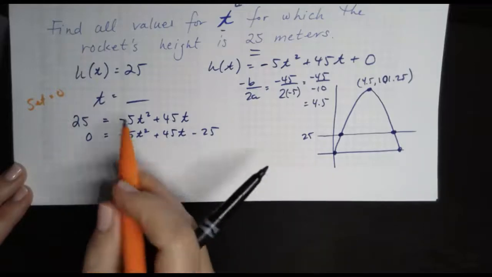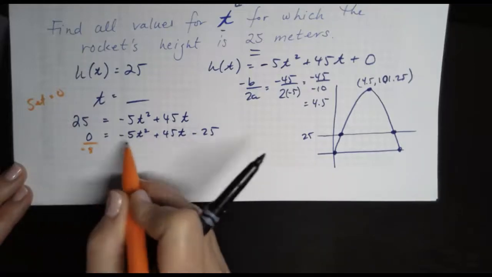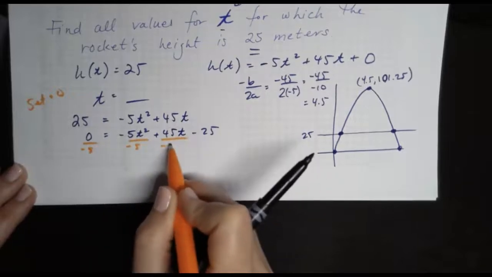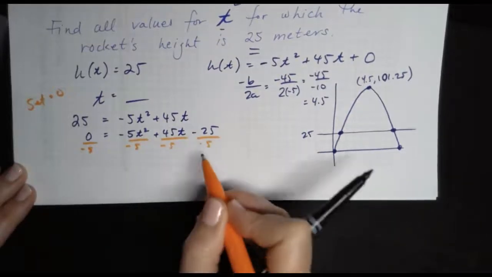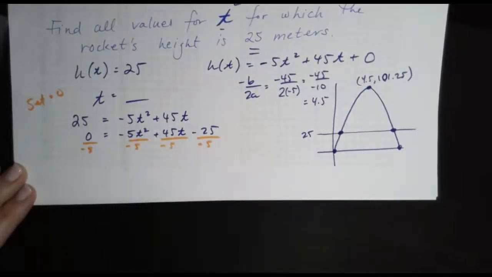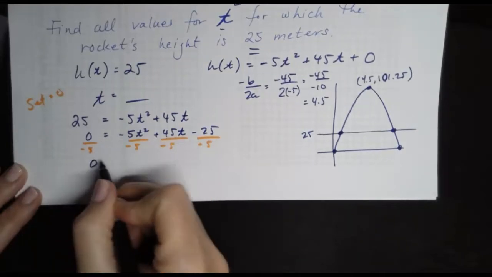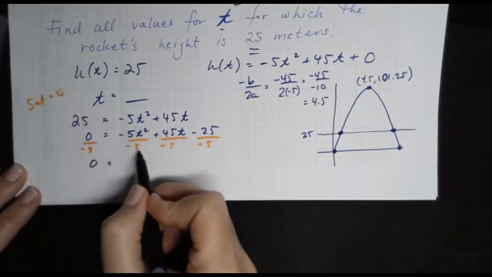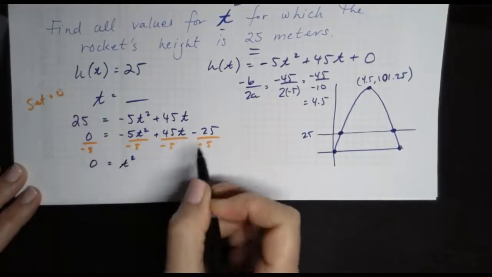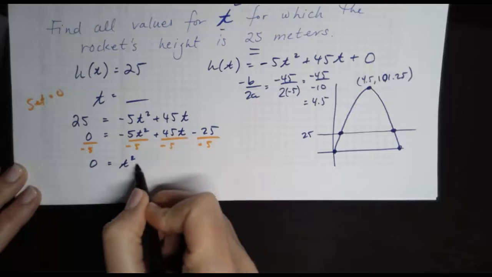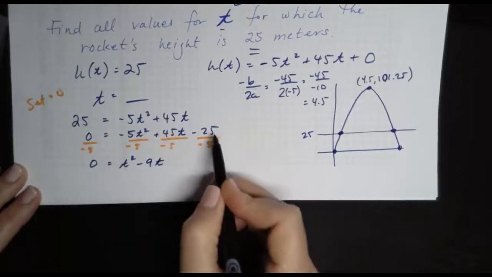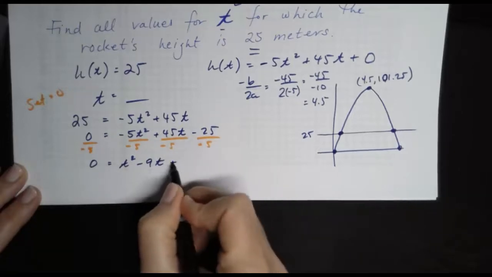And because this is a negative up front, I'm going to divide everything by negative 5. It's just going to make my numbers smaller and more manageable. 0 equals negative 5 divided by negative 5 is 1t squared. 45 divided by negative 5 is negative 9t. Negative 25 divided by negative 5 is plus 5.